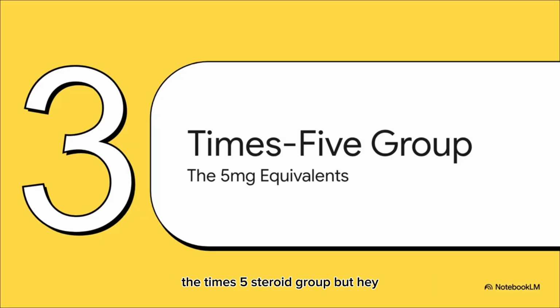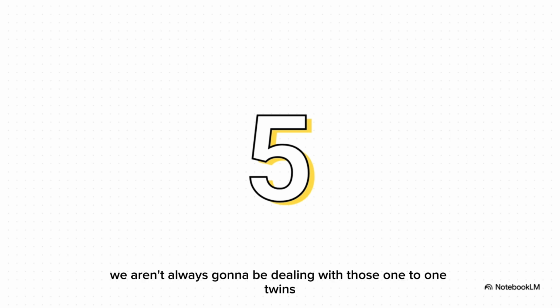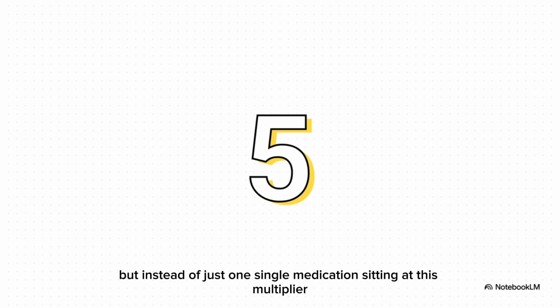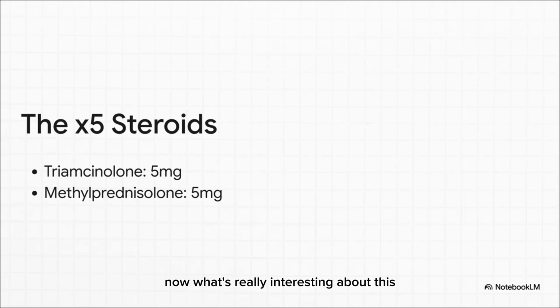Section 3. The ×5 steroid group. But hey, what happens when we need a larger dose equivalent? We aren't always going to be dealing with those 1-to-1 twins. So lock this number into your mind for sure. 5. This is our first major jump from the anchor. But instead of just one single medication sitting at this multiplier, we actually have a pair of them. Now, what's really interesting about this is how we can use the psychological concept of chunking to our advantage.